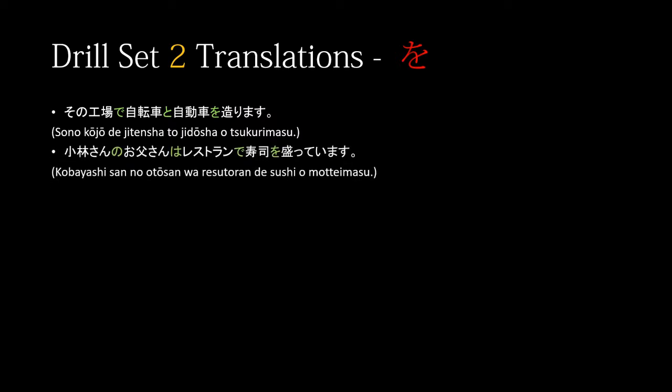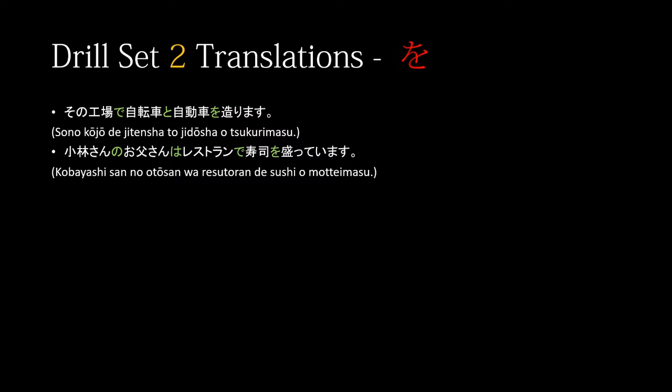Our second sentence is a bit more complicated. 小林さんのお父さんはレストランで寿司を持っています。Now, we have here the following. No to establish the relationship between Kobayashi and Otosan, mainly to show that it is Kobayashi's father. So you can say in essence that it is the, let's say, connection of ownership.